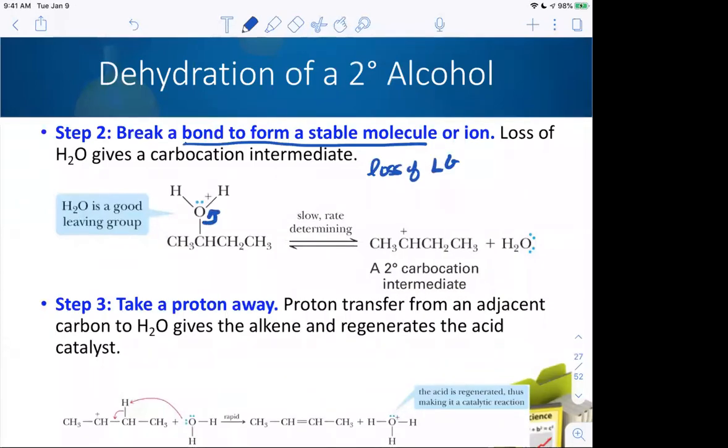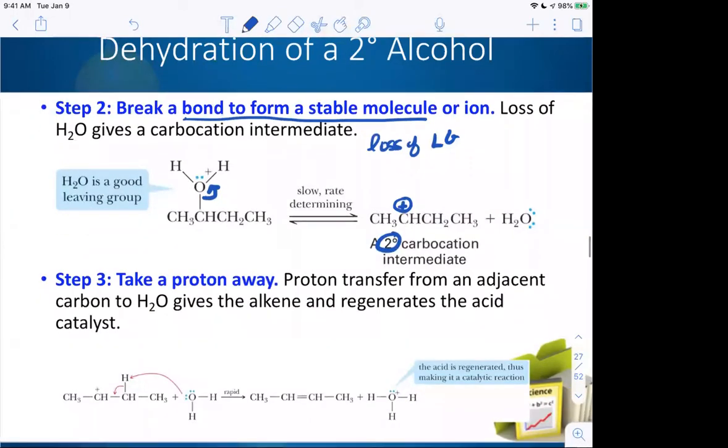So this is going to go ahead and leave as a neutral molecule. I end up with my secondary carbocation. And then remember what carbocations can do. They can rearrange, they can form a new covalent bond by reacting with a nucleophile, or they can eliminate. Carbocations can do any one of those three things.